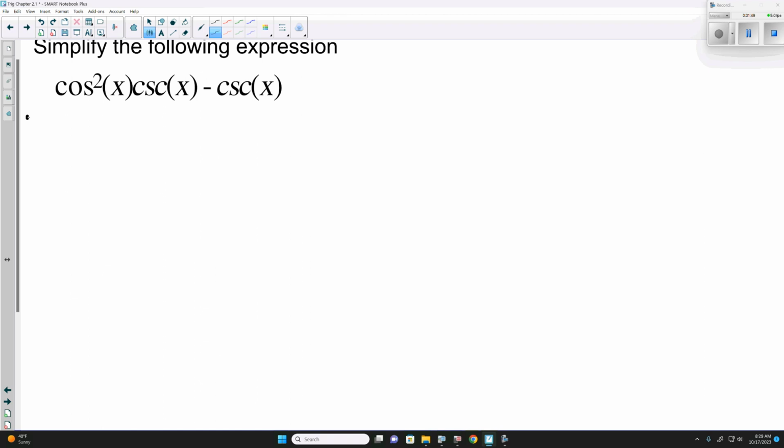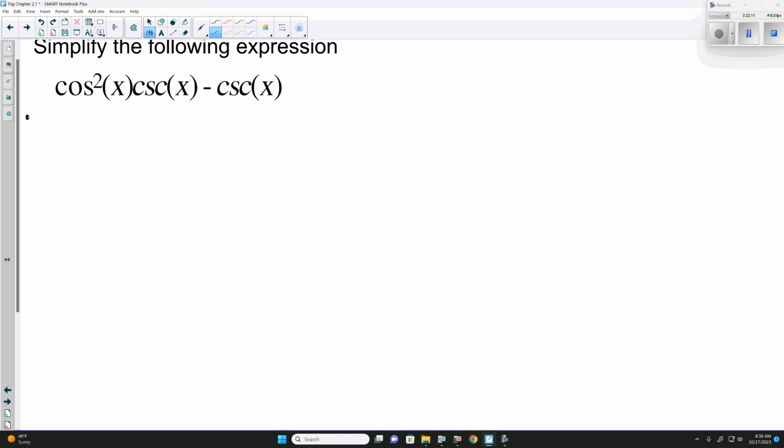Cosine squared of x times cosecant of x minus cosecant of x. Well, cosecant is the same as 1 over sine, yes?